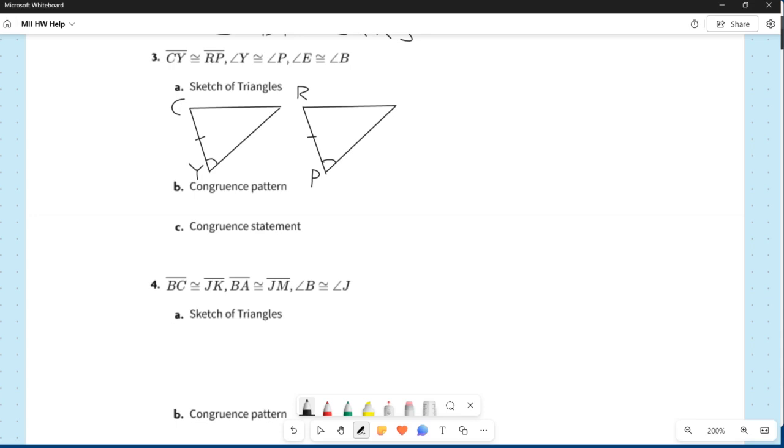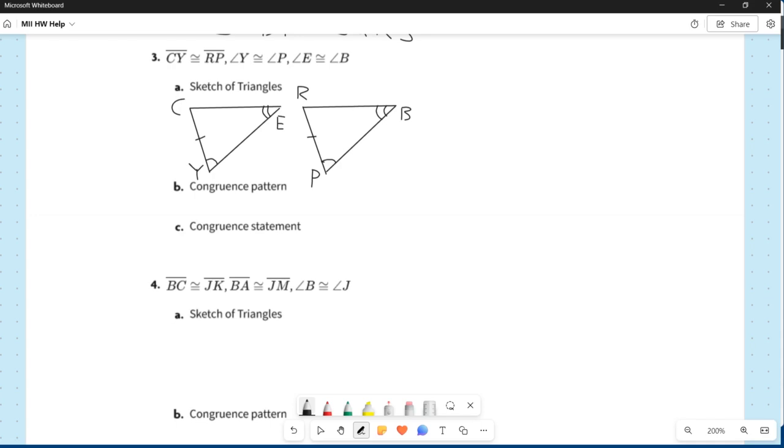There's only one place for E to go, and only one place for B to go. We want to indicate that these angles are congruent. Well, we've already used one curve, so to indicate that E and B are congruent, we will use 2 curves, just like that. And that is all of the information that we're given.